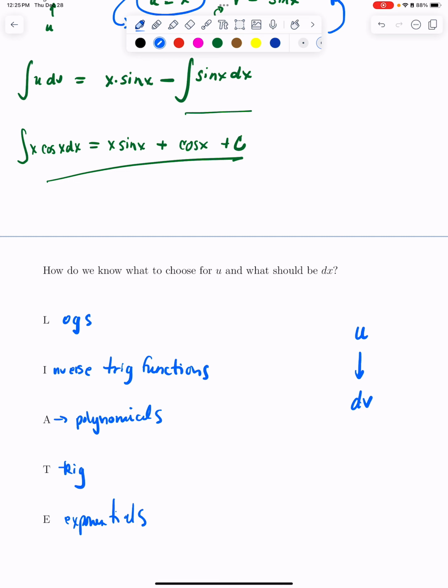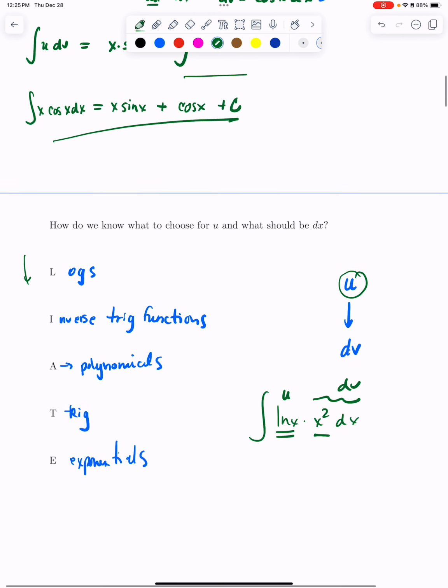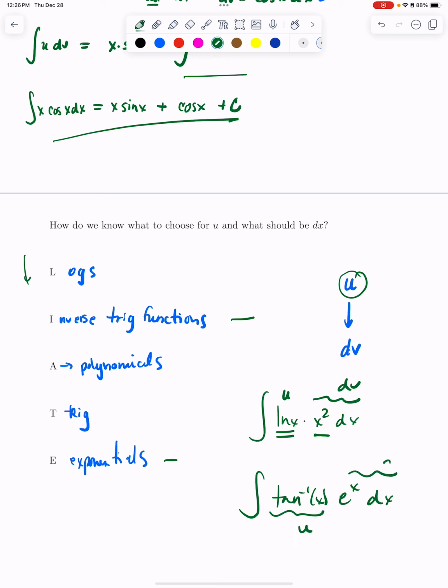Well, if you have something that has a log in it as well as a polynomial, then this chart says that the thing that appears on my list, so log is on there and it's above polynomials, should be my u and the polynomial should be my dv. Okay, if I have arc tangent of x times e to the x dx, well, inverse trig appears above exponentials, so this is my u and this is my dv.